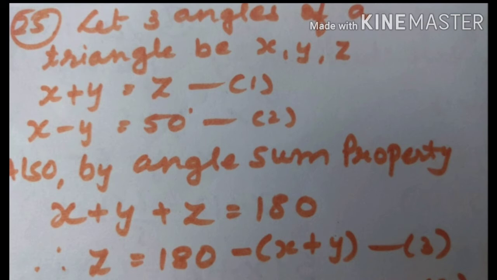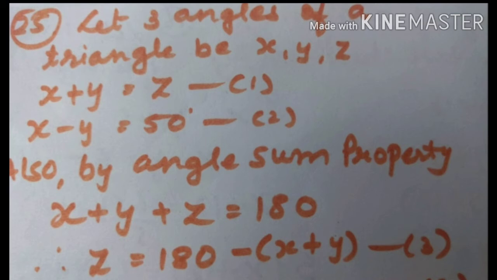So in this case, first let the three angles of a triangle be x, y and z. We have to suppose three angles of a triangle, so I have supposed here x, y, z. Now the first condition in the question says that the sum of two angles, like here two angles x plus y, is equal to the third angle, so is equal to z.